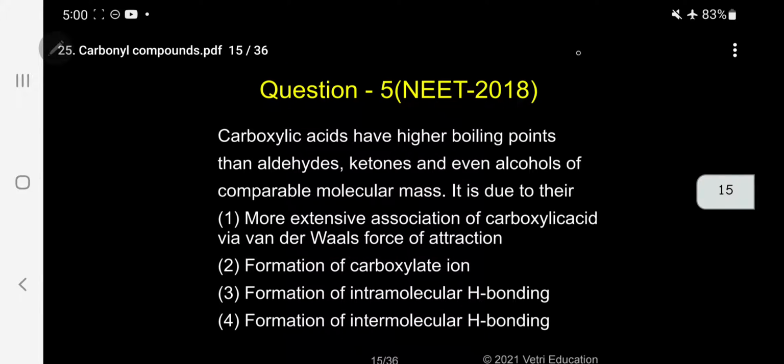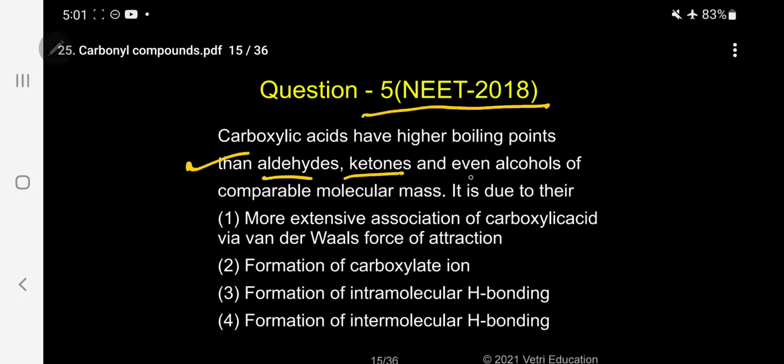Question number 5, which was asked in NEET 2018. Carboxylic acids, kindly follow, have higher boiling points than aldehydes, ketones, even alcohols of comparable molecular mass.